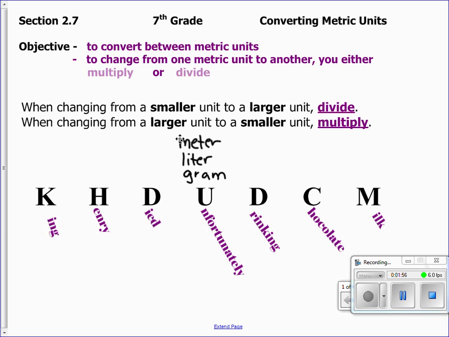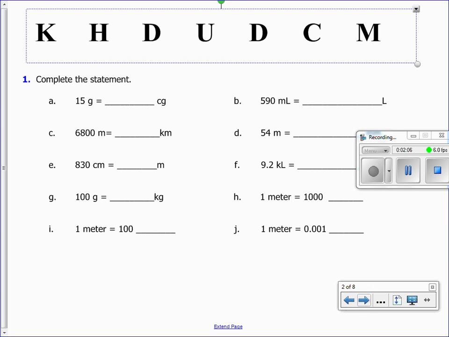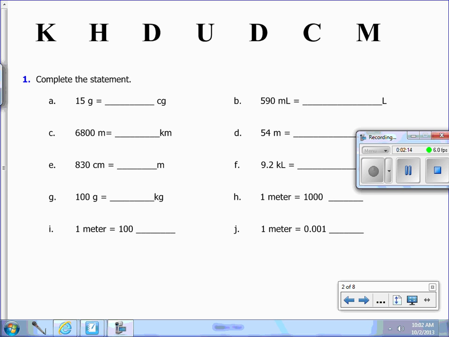The D is the tenths place, hundredths place, and thousandths place as we go to the right. So on each page, make sure that you have those letters, the K, H, D, U, D, C, M. That is going to help you to convert from one measurement to the next.